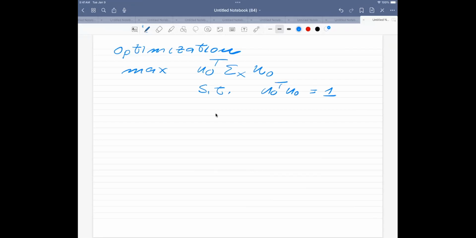And what people did then was simply to set up a Lagrangian. Lagrangian calculus had been introduced back in the 18th century. So you would simply optimize a problem of this type here, of u0, and then you have a Lagrangian multiplier, which is 1 minus u0 transpose u0. And then you take the derivative with respect to u0 and lambda 0, and you put these derivatives to 0.